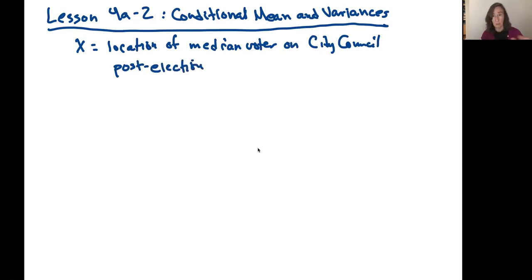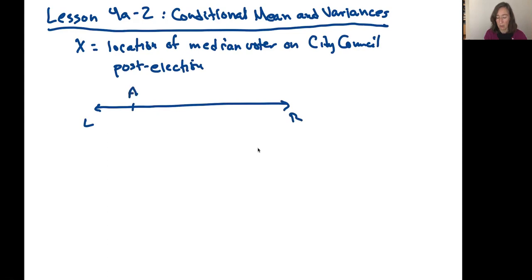Okay, so the election is going to be the source of uncertainty here. And using that spatial model that we talked about briefly in the last lesson, we're going to assume that the city council has 3 members, and that they are arrayed on this left-right dimension like this. Person A is the farthest to the left, and then B is to her right, and person C is to the right of both of them.